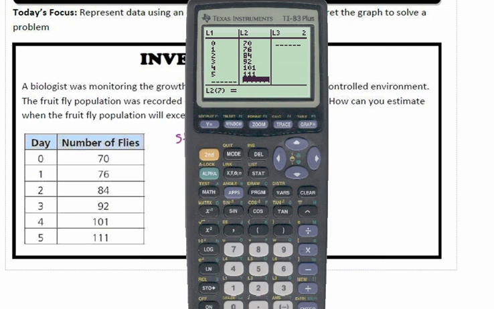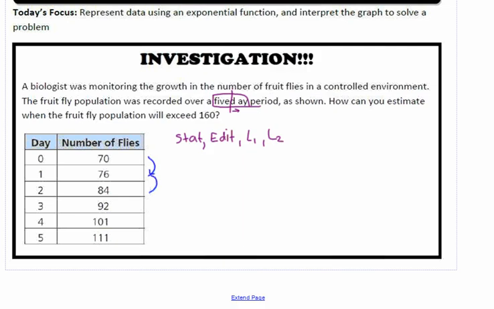Now, in an exponential growth, we're always multiplying by the same thing, approximately. How can I get what we're multiplying by from our data? We don't have to guess and test. If I want to go 70 times something equals 76, how could we figure that out? Divide. 76 divided by 70, term 2 divided by term 1.